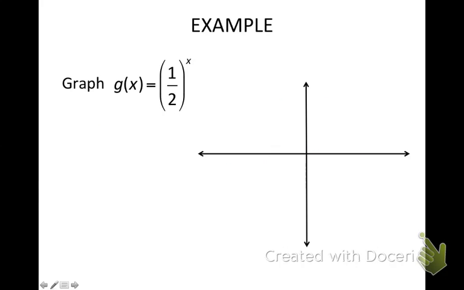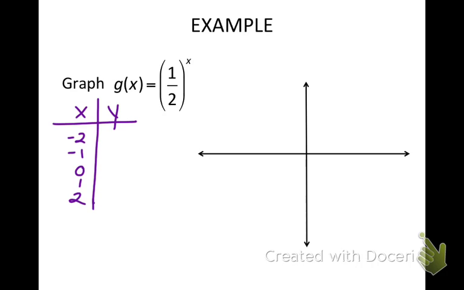So if we had g of x equals 1/2 to the x, and we had to graph it, making our table of values. Let's use the same digits, -2, -1, 0, 1, and 2. What would be 1/2 to the -2 power?